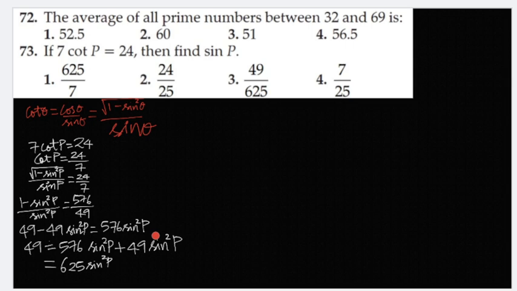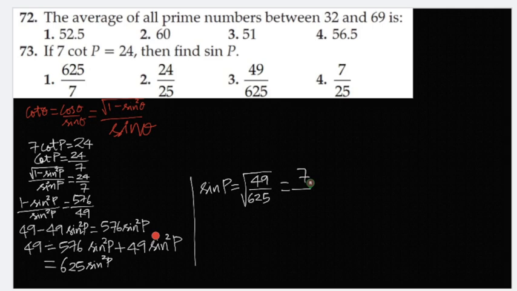Okay. So now sin P will be equal to root of 49 divided by 625. Now what is the square root of 49? It is 7 only. And what is the square root of 625?